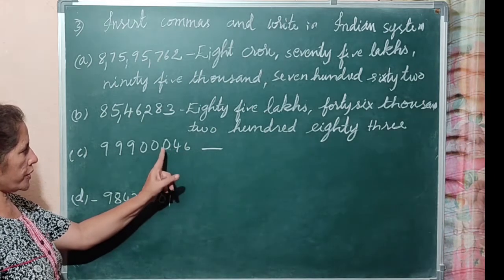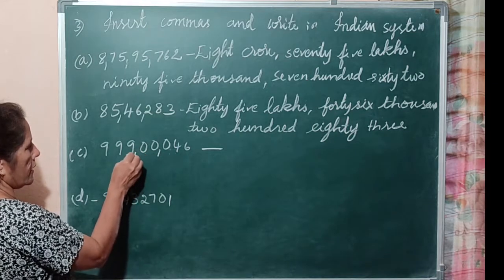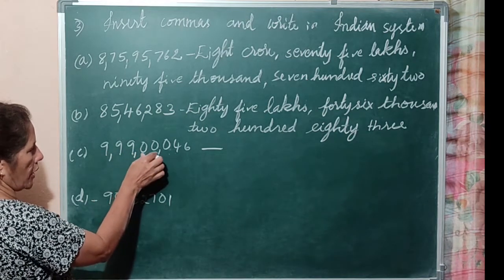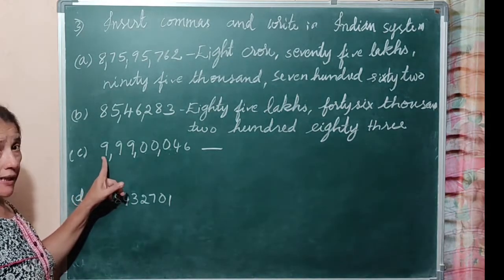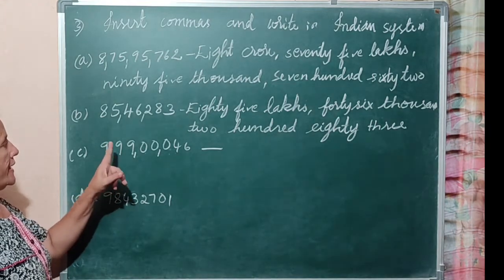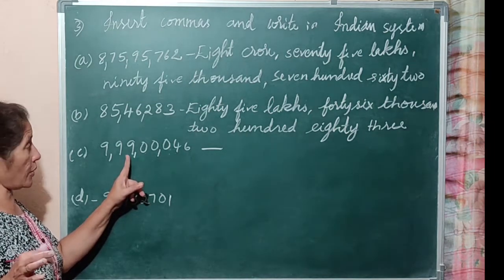1, 2, 3, comma. 1, 2, comma. 1, 2, comma. Thousands, lakhs, crores. So how do you read? 9 crore, 99 lakh. There is nothing in 1,000.